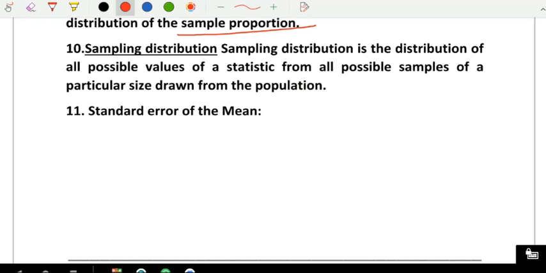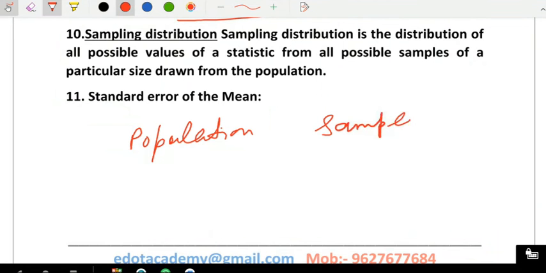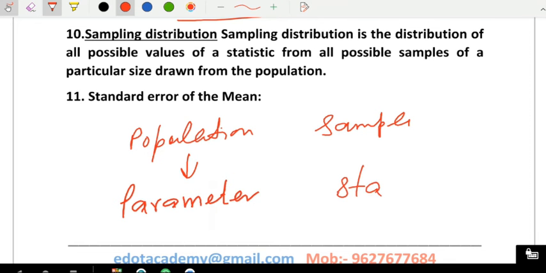I'll differentiate here because the word has come up: population and sample. Whatever we calculate from the entire population, such as mean, mode, median, is called a parameter. Whatever you calculate from the sample is called a statistic.